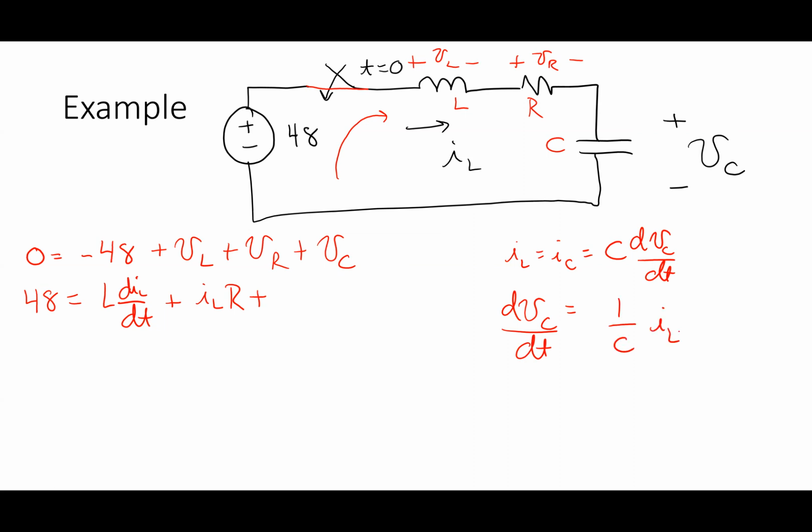Are you with me on that? Then how can I turn that into VC? Integrate both sides. VC is equal to 1 over C times the integral of IL dt, and I can plug that in here.